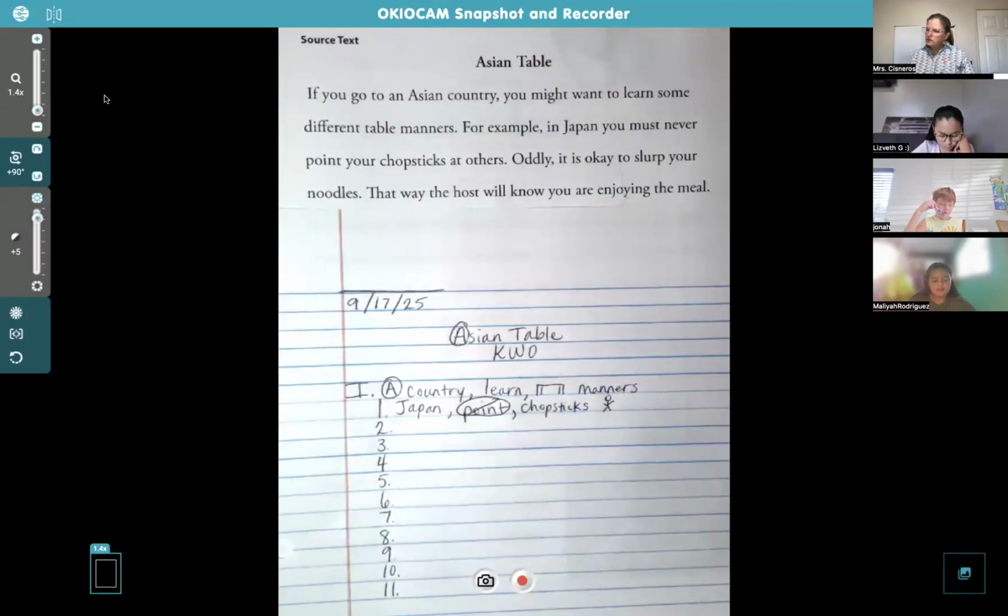So oddly, so should we do like okay, slurp noodles? Yeah, because I think if we put okay, like the letters O and K, that could be like an abbreviation for the word okay. So I like that.